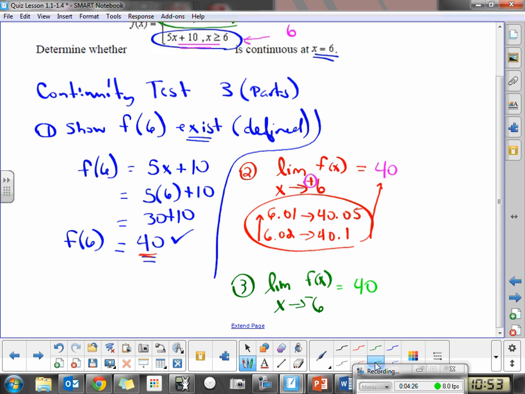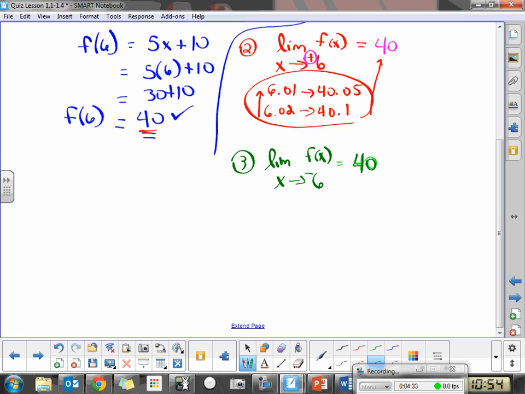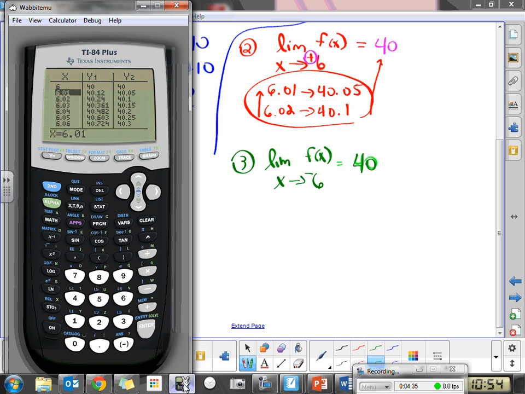And once again, the evidence that I'm asking you to show me here is by taking a few of the values that you have in your graphing calculator and show me that when you tested a few values here, so 6.01, you had a y value that was 40.12, 6.02, and a couple is enough, we can show lots and lots of evidence by looking at that window. But as these numbers get closer to 6, these numbers are getting closer to 40.